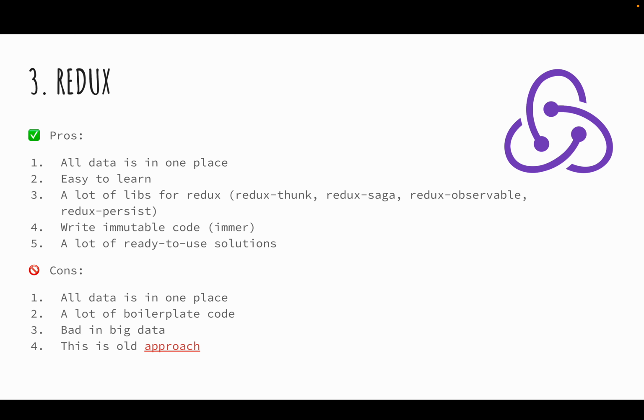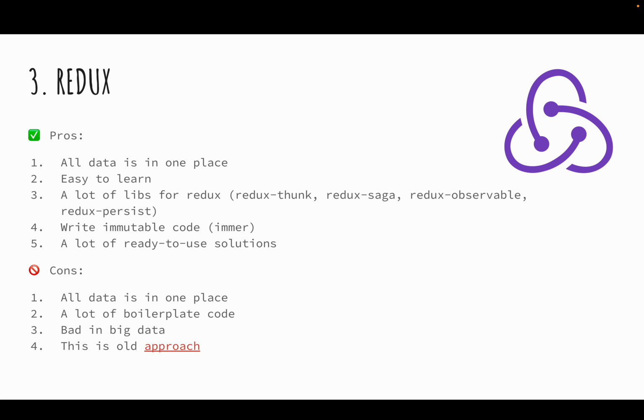The next approach is the old approach, and it's Redux. The plus for this is that all data is in one place, it's easy to learn, it has a big community, and it has a lot of libs for managing side effects like Redux Thunk, Redux Saga, Redux Observable, and for persistent state in local storage, IndexedDB, and session storage.